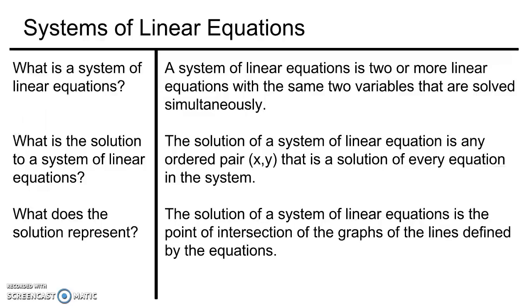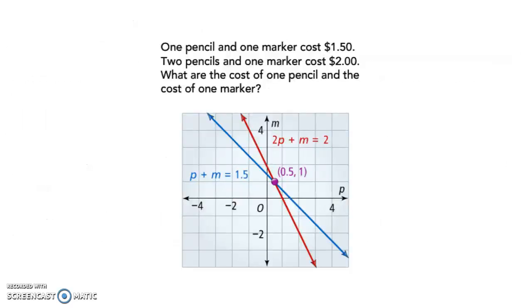Okay, so a system of linear equations is 2 or more equations that have the same 2 variables, x and y, and the solution is that point where the 2 lines would intersect. Okay, so looking here, we have 1 pencil and 1 marker costs $1.50. 2 pencils and 1 marker costs $2. What is the cost of 1 pencil and 1 marker?